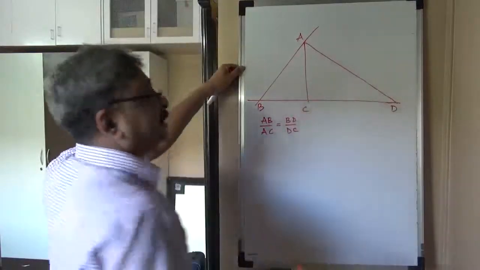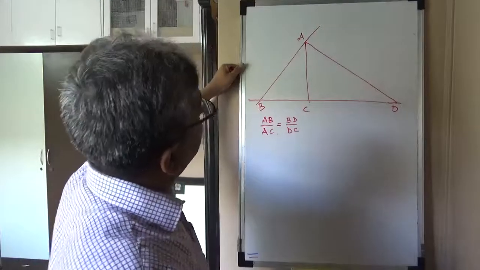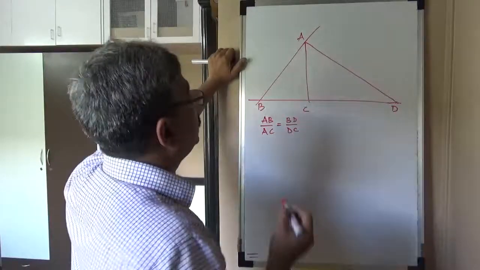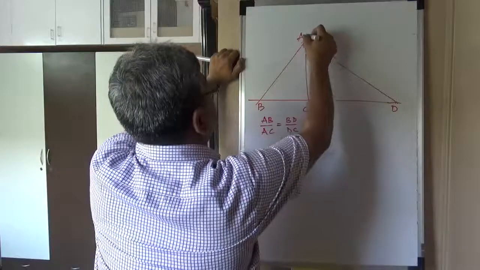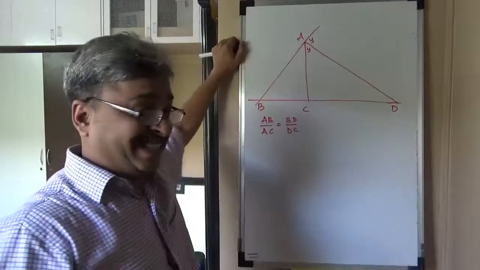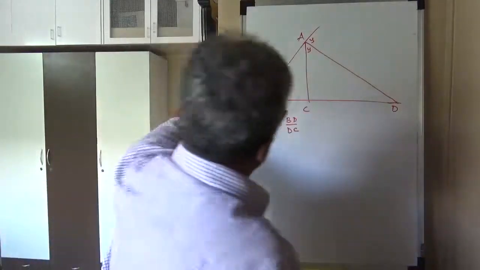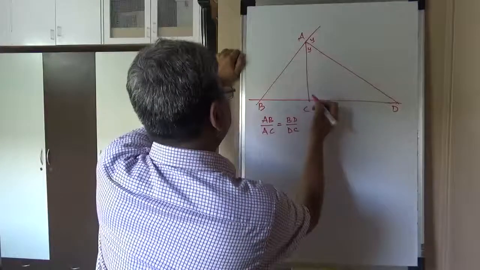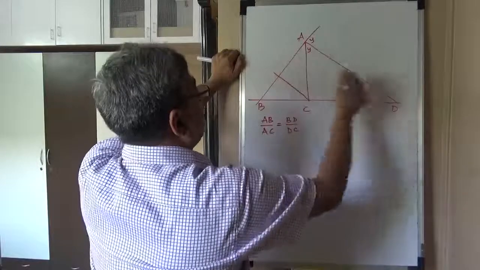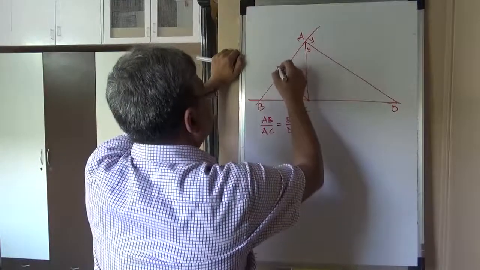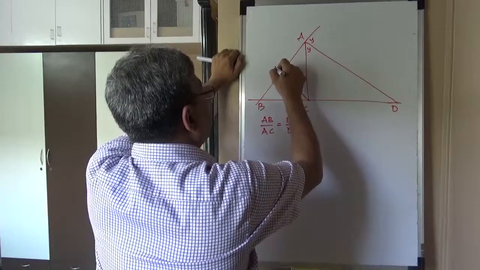Now again let us do it using parallel lines. So let us assume that this is an external angle bisector, therefore those angles are Y, Y, and now we draw a parallel line to AD passing through C, let it intersect at K.